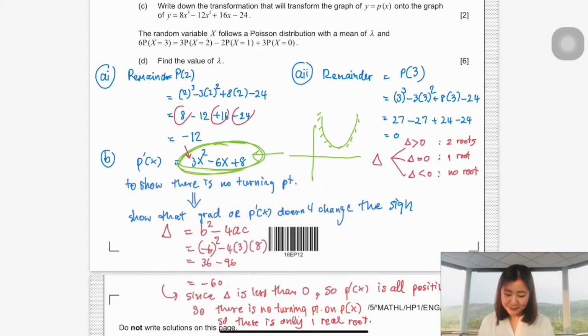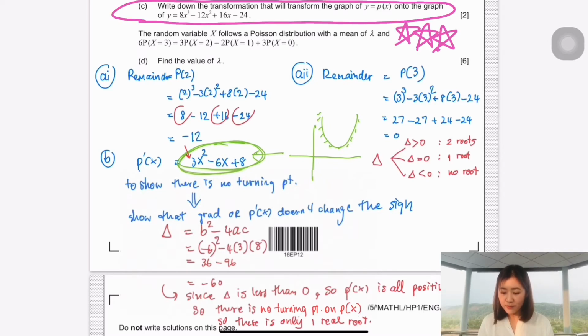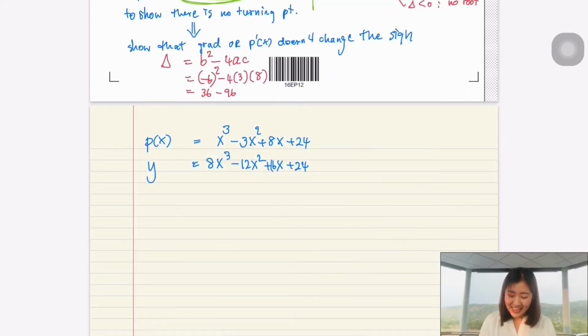Okay, we finish question (b), and then we go for question (c). Write down the transformation that will transform the graph y = p(x) onto the new graph. So we have to rearrange the new graph to see what would happen. How can we change x³ to be 8x³?